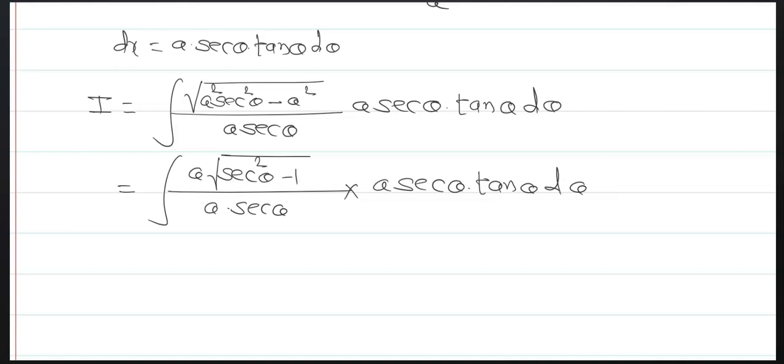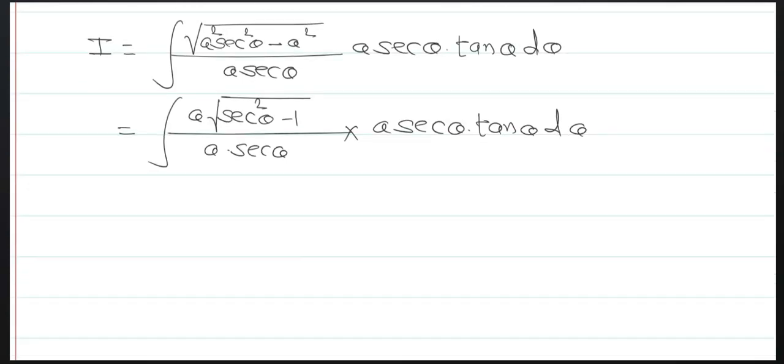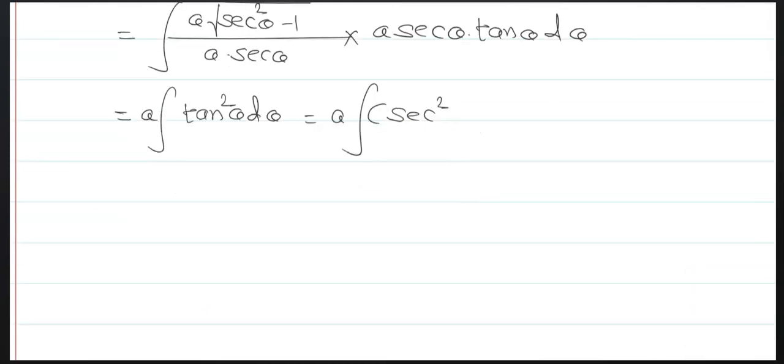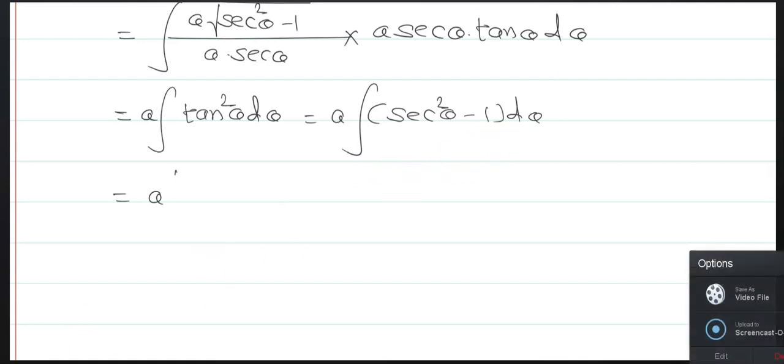Now for the cancellations of the terms, sec theta gets cancelled. Here sec square theta minus 1 is tan square theta, and overall it becomes tan theta, and this tan theta into tan theta becomes tan square theta. This sec theta gets cancelled. Therefore you will get a integral of sec square theta minus 1 into d theta.